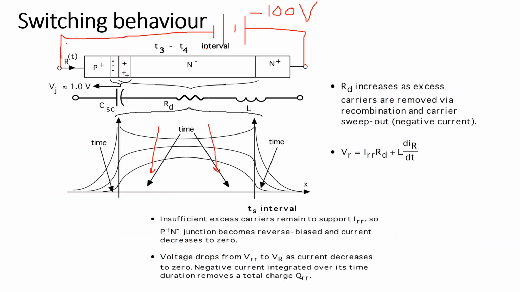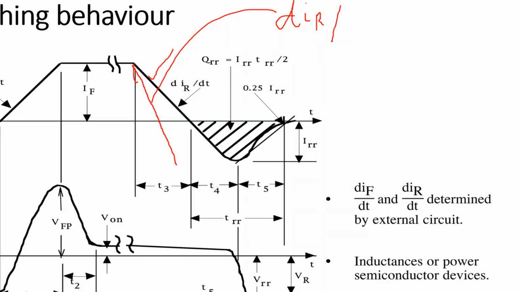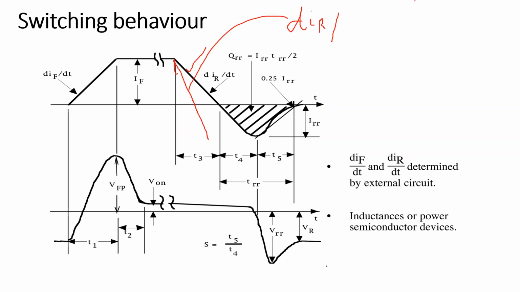Now if you apply minus 500 volts, for example, you will get a steeper curve. So this dIR by dt will be higher.